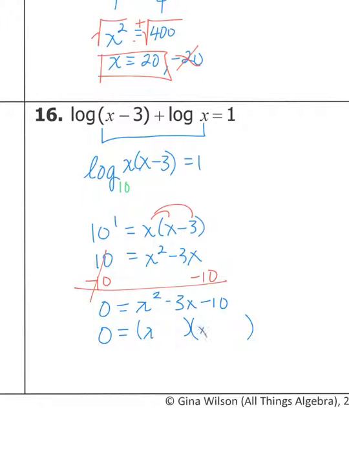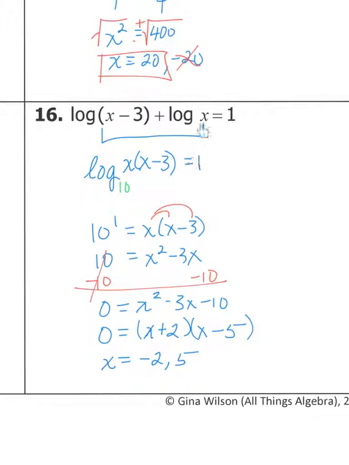X squared becomes x and x. And then the factors of 10 that subtract to give you 3 are 2 and 5. The 5 is bigger, so it carries the sign of the middle term, and the 2 is going to have to be positive. If you set these equal to 0, you will get x is equal to negative 2 and positive 5, and then you have to check.